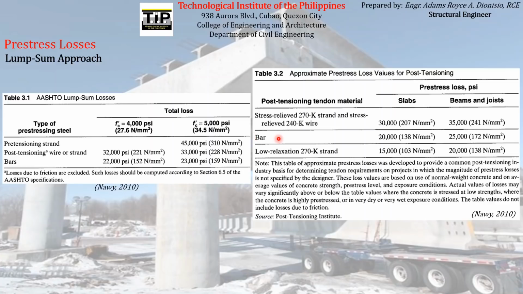And for bars, 20,000 psi or 138 megapascal for slabs and 25,000 psi or 172 megapascal for beams and joists.